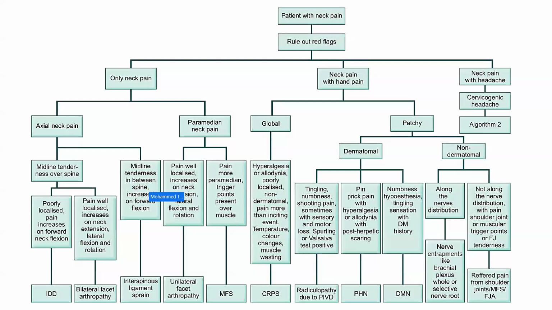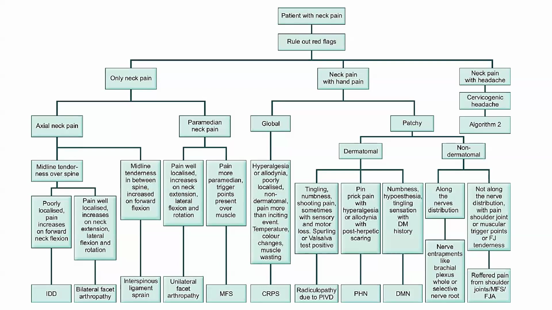Now check whether the pain is only in the neck, or neck pain along with hand pain, or neck pain with headache. When it is only neck pain, you have to check whether it is axial neck pain or paramedian neck pain.